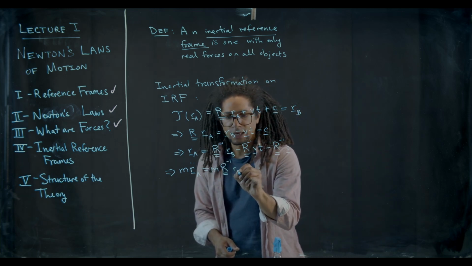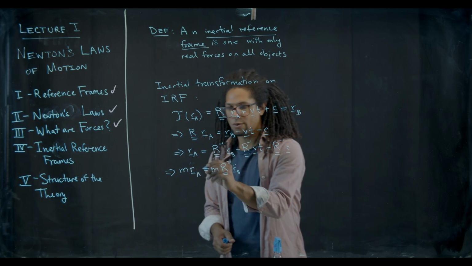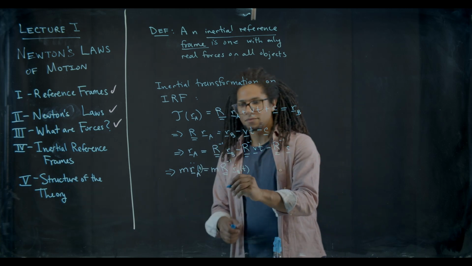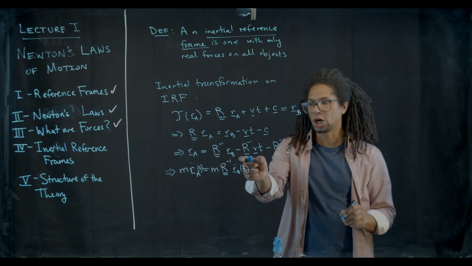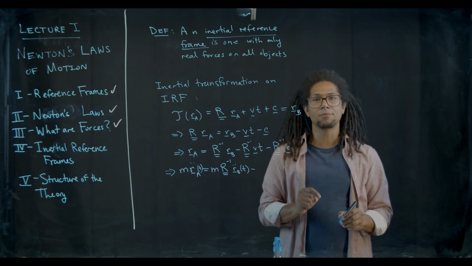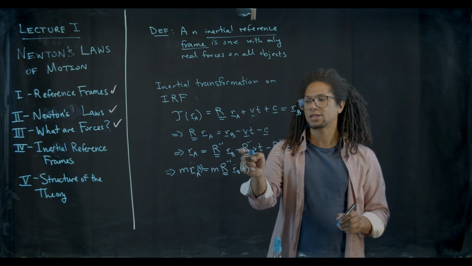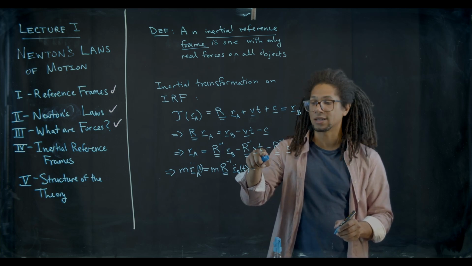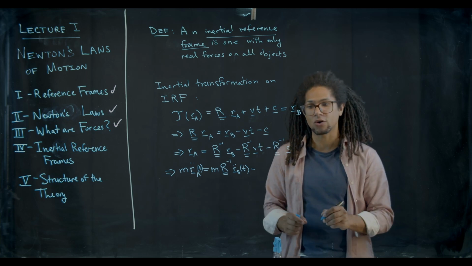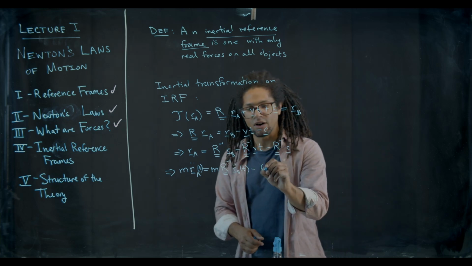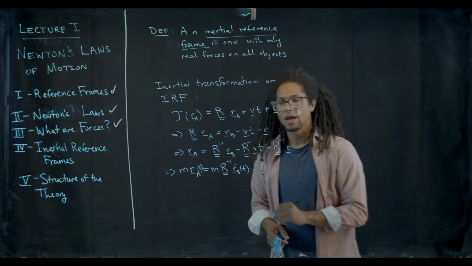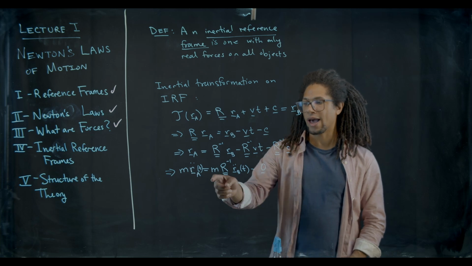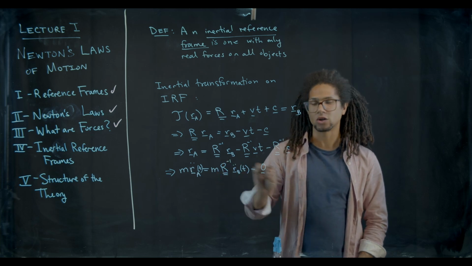So R_B double dot, and of t, I'll include these for the time being, minus, well, just like before, the time derivatives go through this matrix and, in fact, this vector. And all we're left with is taking a second time derivative of a linear function. But the second time derivative of a linear function is 0. And so we're left with m R_A double dot is equal to m R matrix inverse R_B double dot.